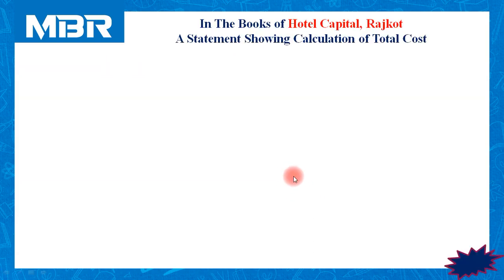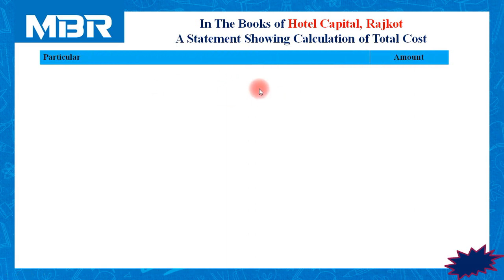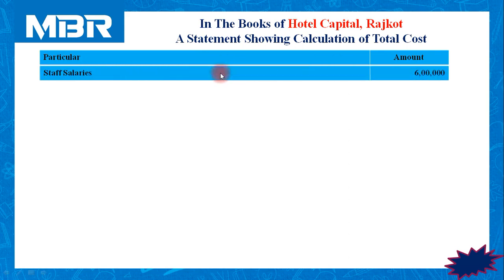Now simply prepare a statement, and in preparation of statement nothing is new for us. So let us calculate the total cost one by one, particular and amount. As we have finished all our calculations in working, now we are not in need of any kind of internal column.